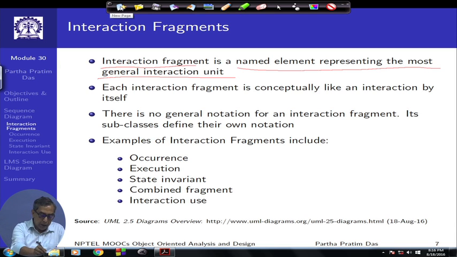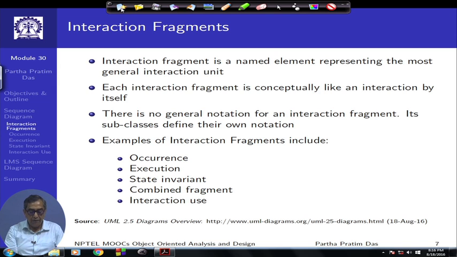So, interaction fragments have the general objective of talking about interactions at different levels, which can be taken out and reused at different places, can be referred to at different places, and so on.